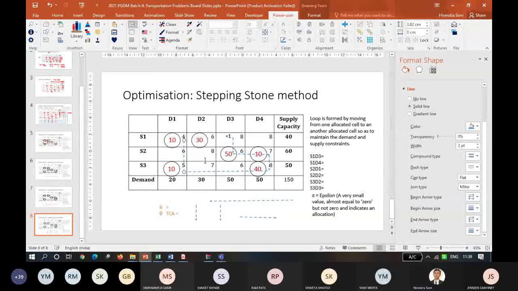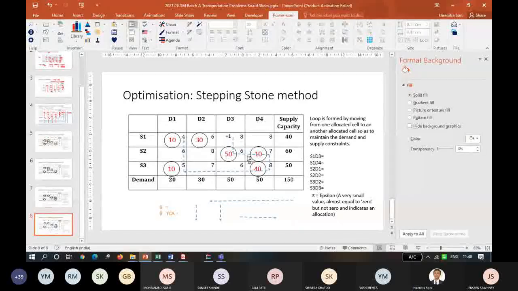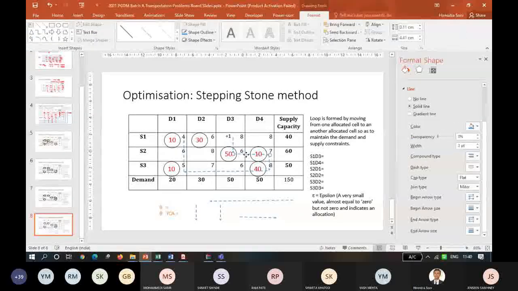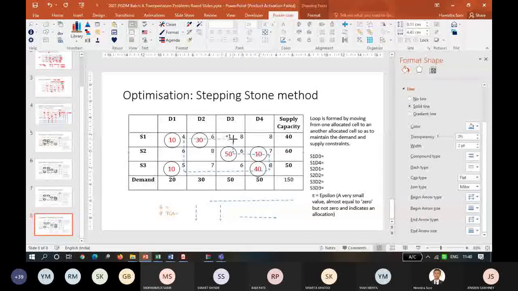After that, S1 D1 is the starting point of the loop.